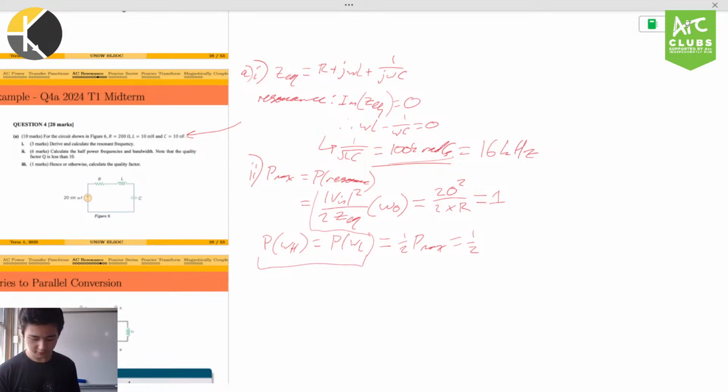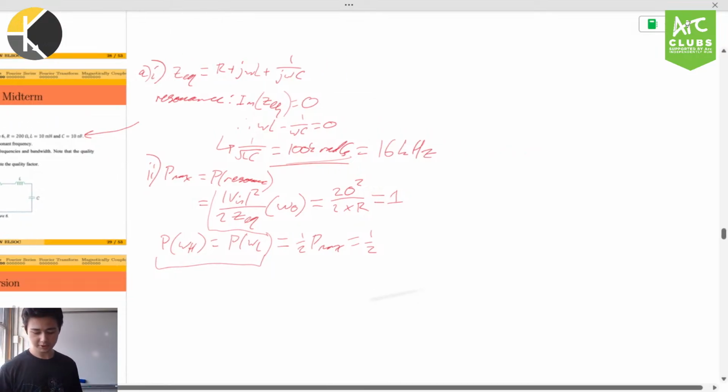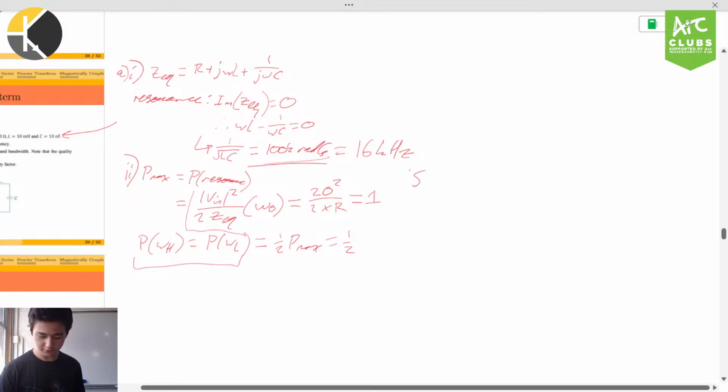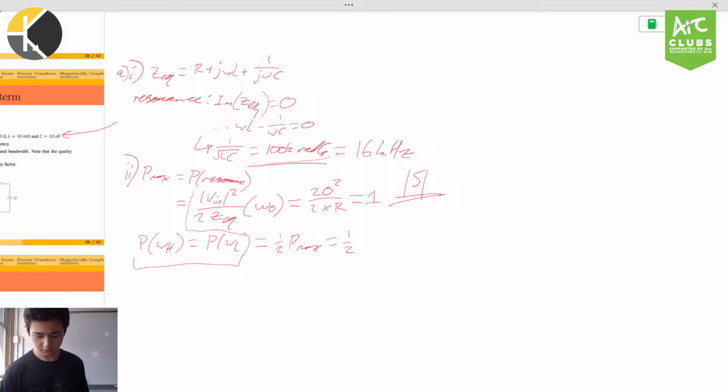Mind you, something I didn't specify, which I probably should have, is that I'm using the magnitude of S. This is the thing we're looking for power, it is complex power. So we use the magnitude of your complex power, your apparent power, as the basis for this, okay?